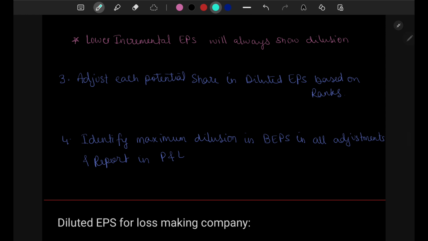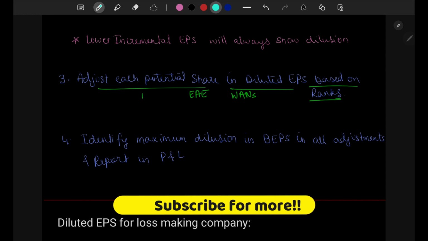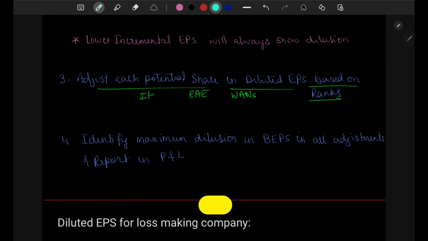Next, adjust each potential share in diluted EPS based on ranks. Suppose we have the basic EPS. Let's put the EAES, earnings available, and then the number of shares here, the WANES, the weighted average number of shares, and then we'll put the items one by one.